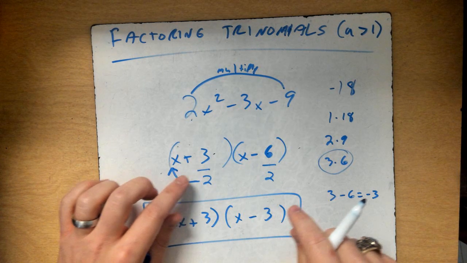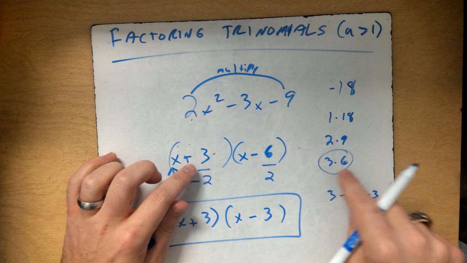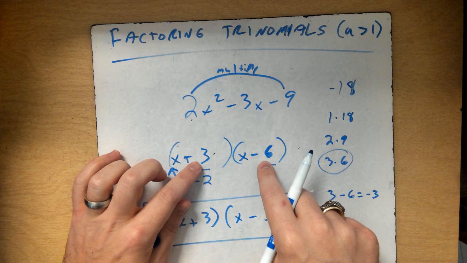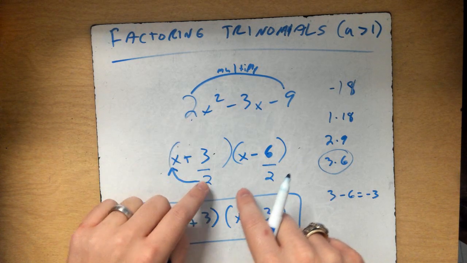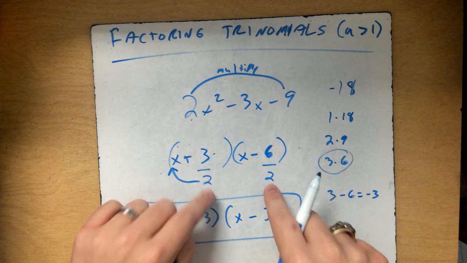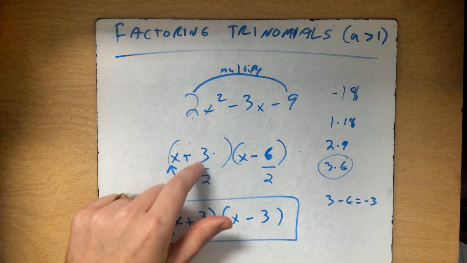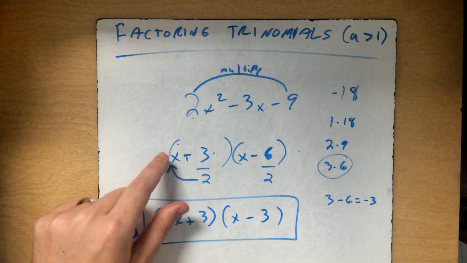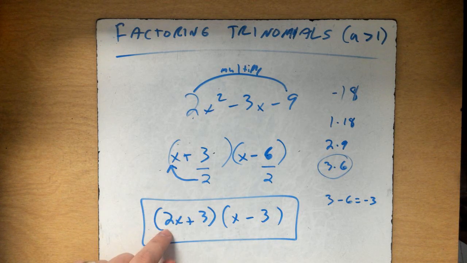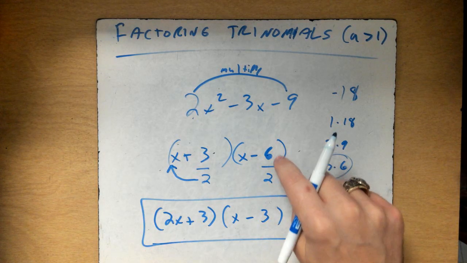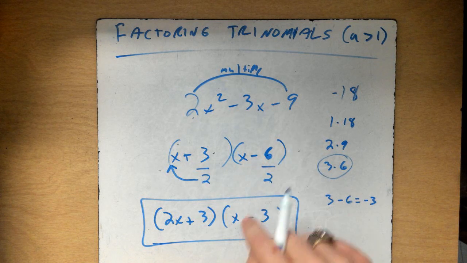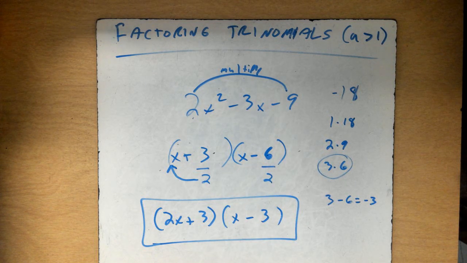Two parentheses, I have my 3 and my 6 here. I divide by my leading coefficient. 3 divided by 2 does not work out evenly, so I move my 2 back up front to the x to get 2x plus 3. 6 divided by 2 gives me 3. The x and the minus come down as such. Okay.